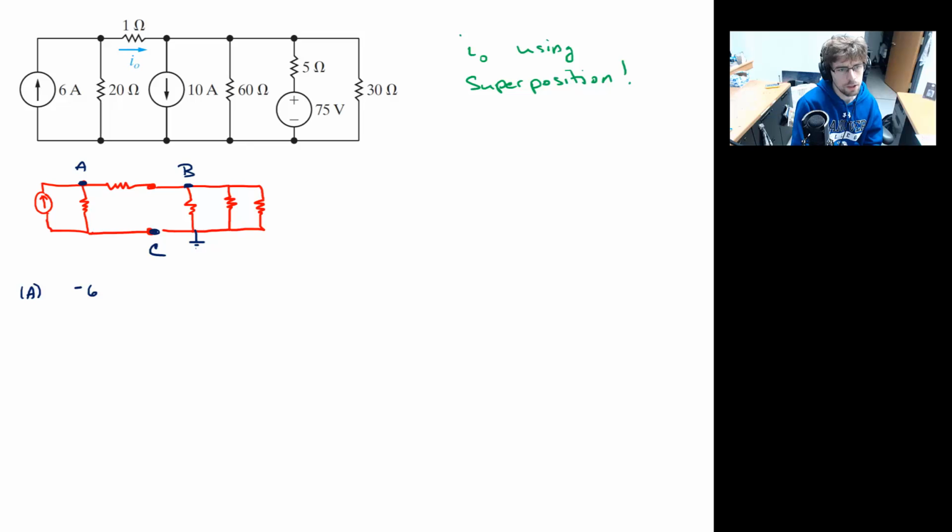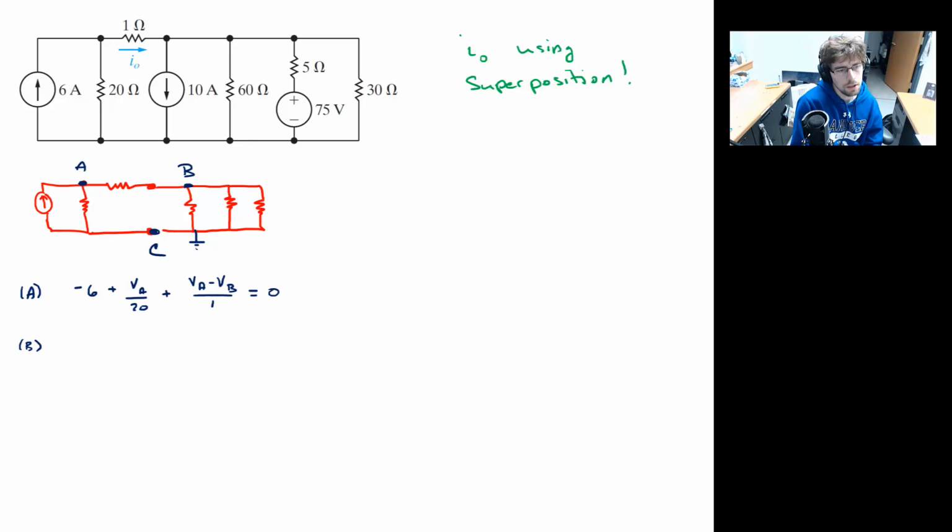Tend to ground the one on the bottom anyway. Okay, yes, I've got -6 coming in, and then I've got the potential of A divided by 20. And then I've got the potential of A minus the potential of B over 1 equals 0.